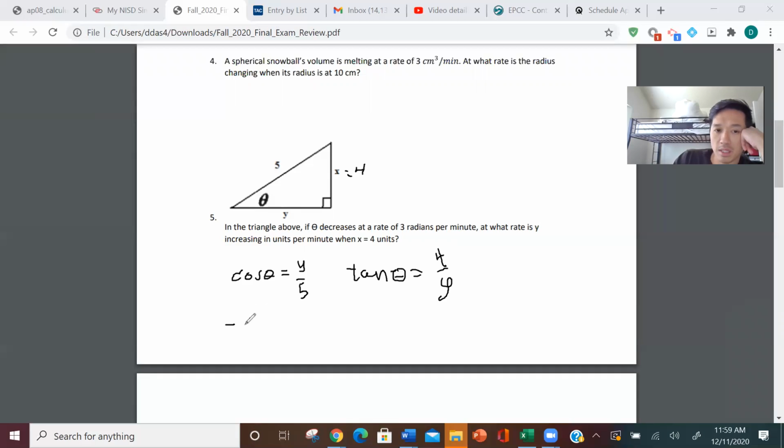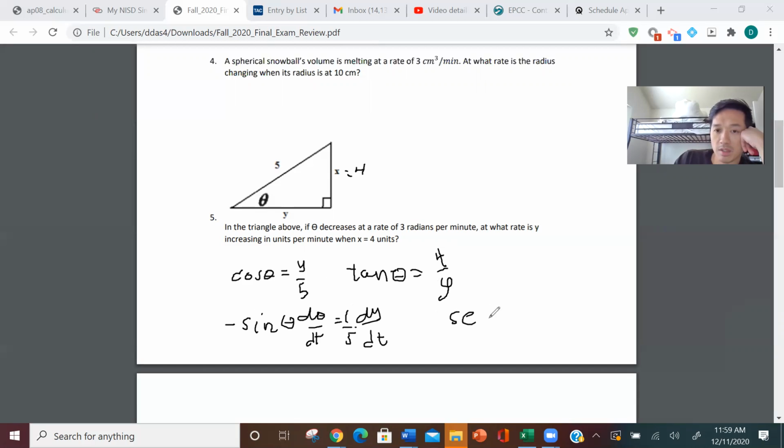So this would be negative sine theta d theta dt equal to the derivative of y, which we know is dy dt. But since it's divided by 5, I just have a coefficient of 1/5. The same thing with this guy here.